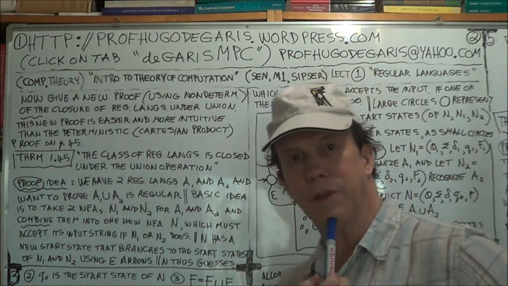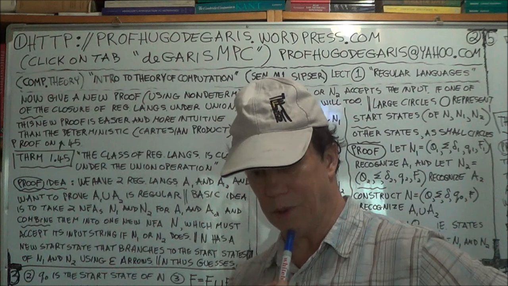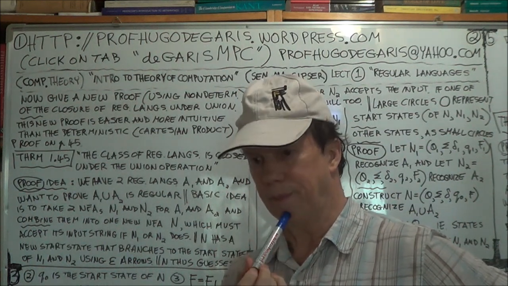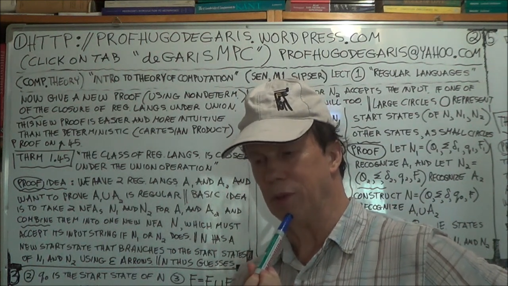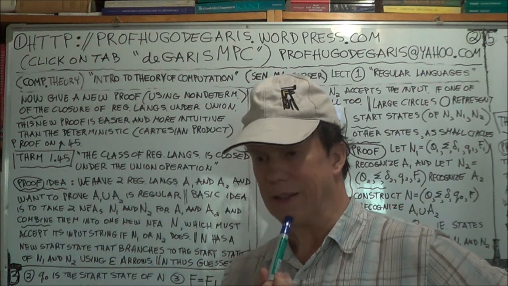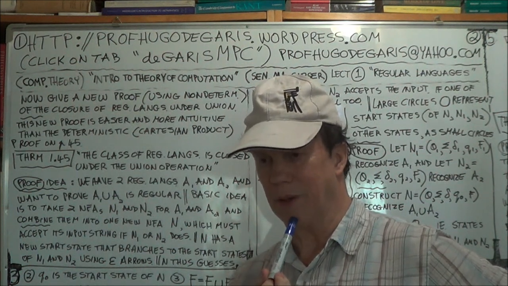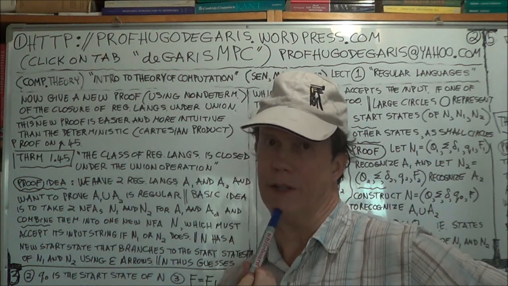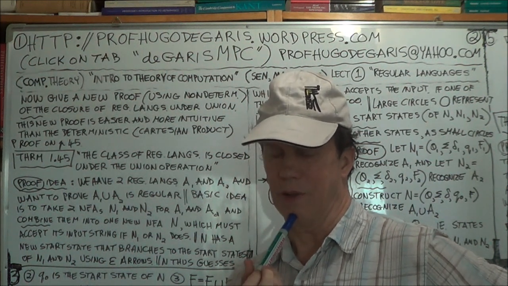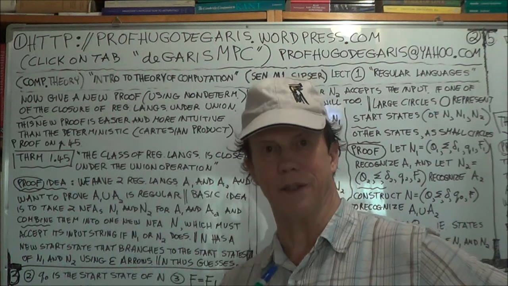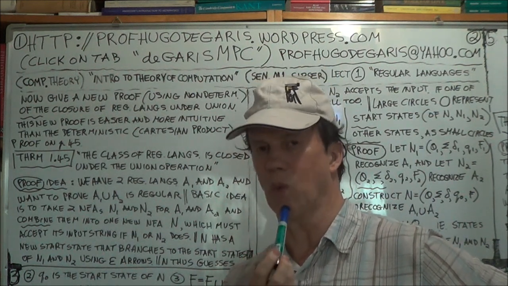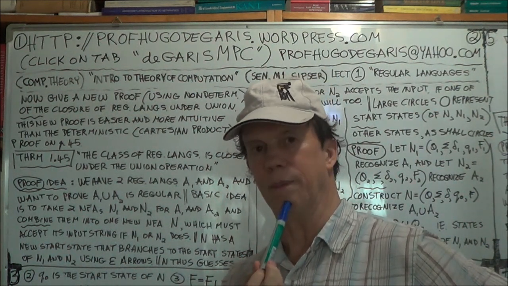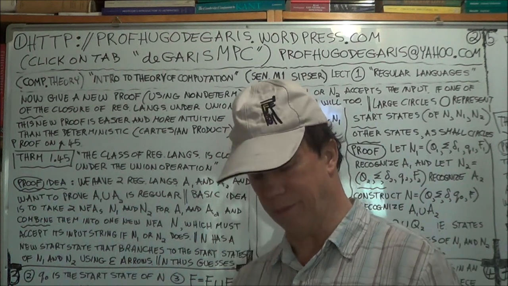Okay, so we'll start on the 3 theorems. We will use NFAs. Of these 3 proofs, the first 2 involve 2 NFAs, and the 3rd one involves the closure of star operation. Star, remember, operates on 1 language, so we only need 1 NFA in that proof.